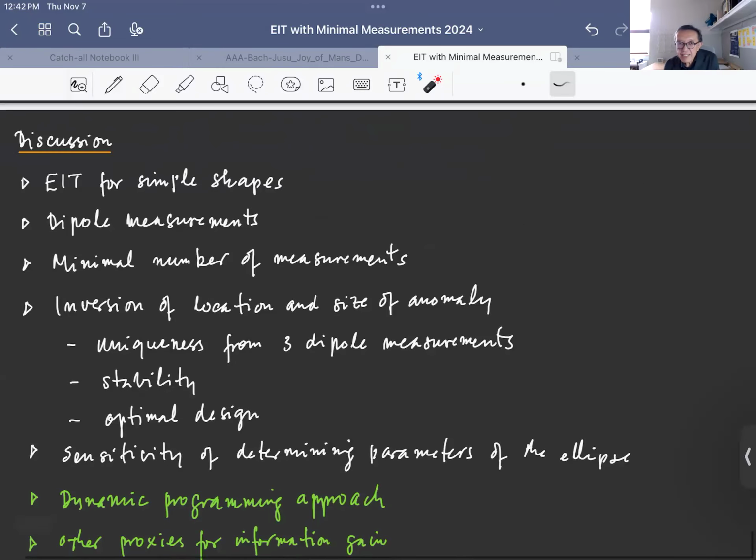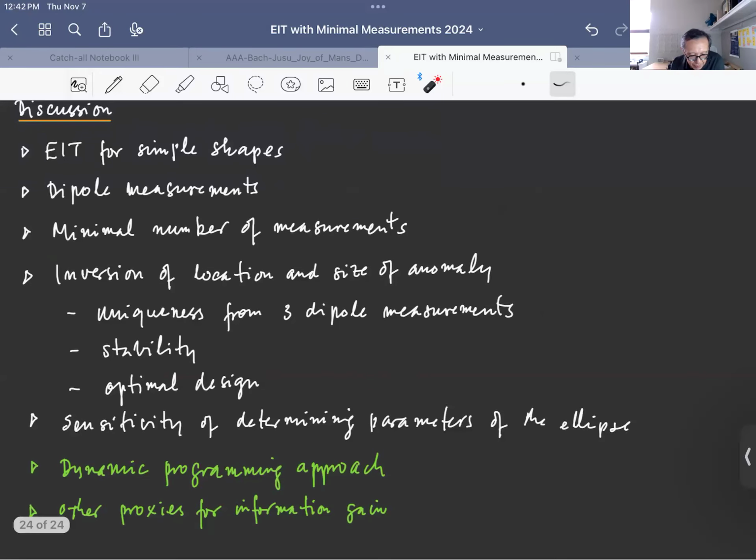Okay, so I'm going to end with a discussion. So I described an EIT problem with simple shapes. The measurements that I imagine are dipole measurements, which can be approximated with a pair of electrodes.